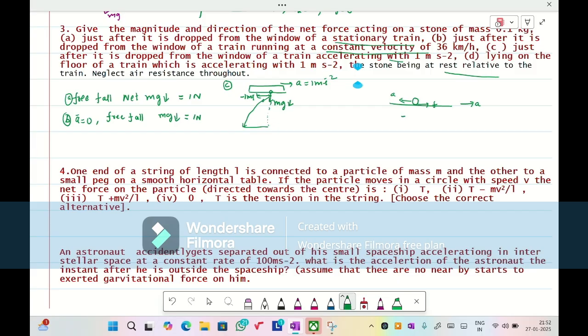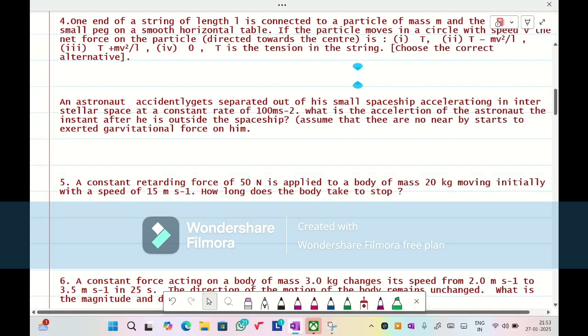So the net force is equal to 0 here. Even though the train is accelerating at 1 meter per second squared, the stone has to move in the opposite direction, it has to go back. But since it is at rest relative to the train, there is a friction force acting in the direction of acceleration. That's why the net force is balanced, equal to 0. So this is the answer.